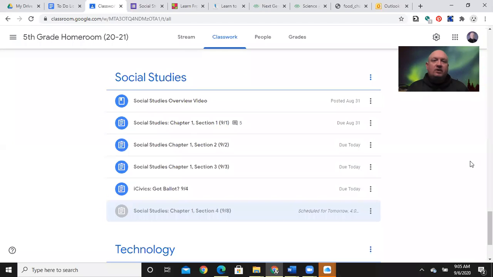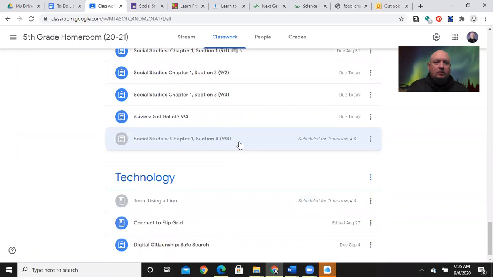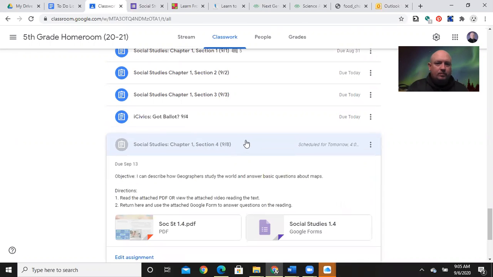We will be engaging with Chapter 1, Section 4, Thinking like a Geographer. To engage with our social studies today, we will be visiting our social studies topic, and we find today's work for this Tuesday, Chapter 1, Section 4.